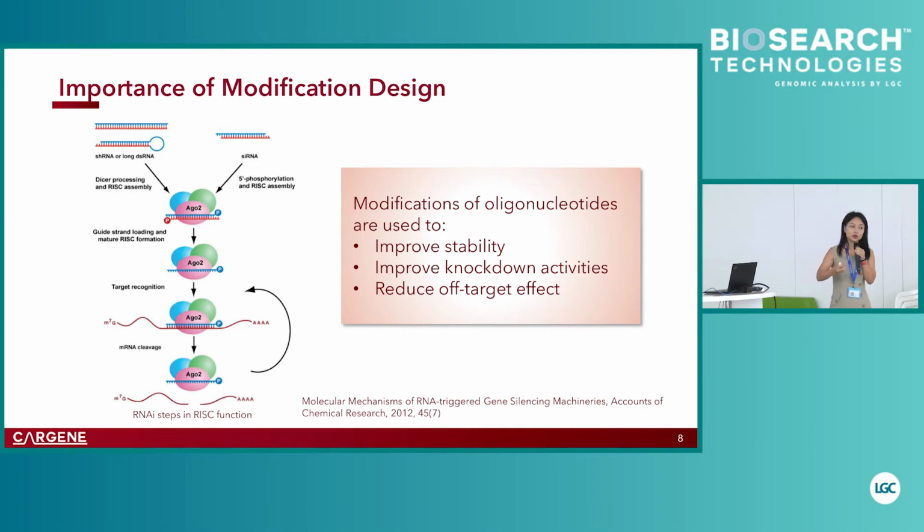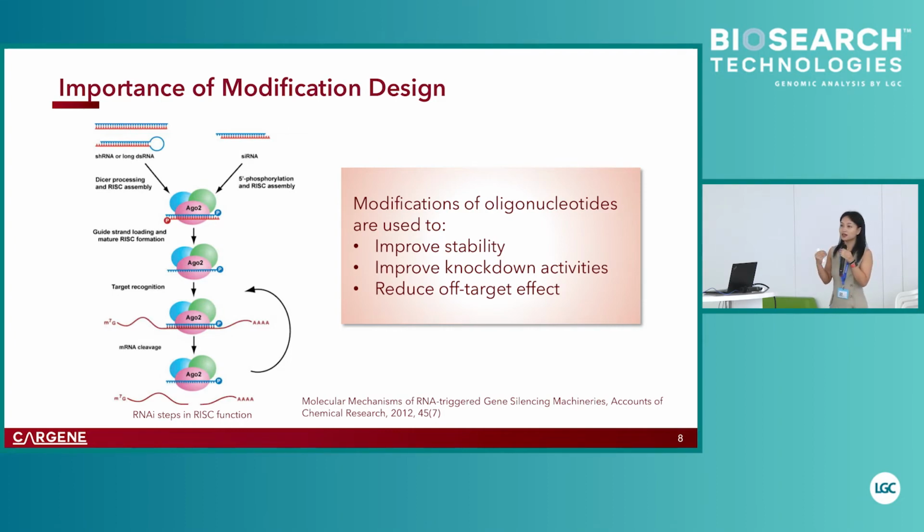By doing so, your guide strand has to be phosphorylated and then be recognized by AGO2. Further on, the activated RISC complex needs to specifically recognize the target region on the mRNA and enable the cleavage there.